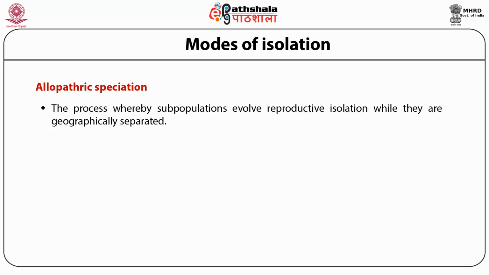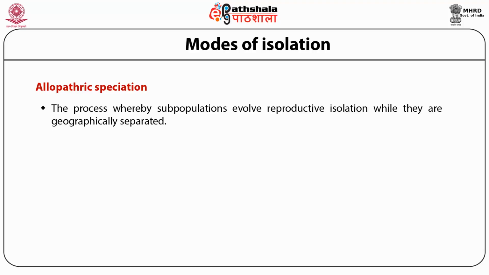That is, geographical barriers keep the subpopulations apart so that they accumulate their own set of genetic changes over time. Then, if the subpopulations are reunited by the disappearance of geographical barriers, the genetic changes they have accumulated make them reproductively isolated from each other.